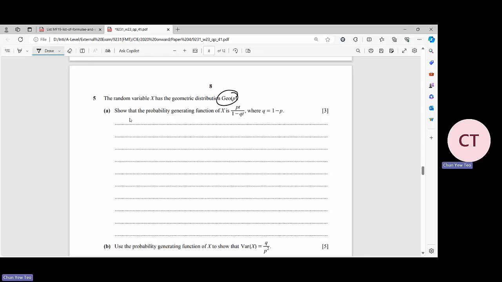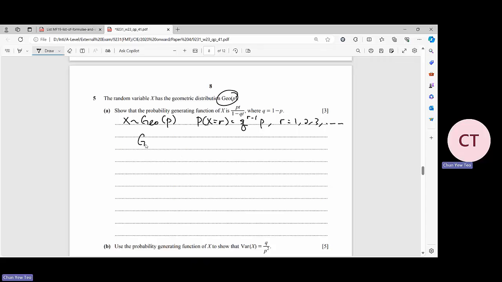So what you need to do is, for geometric distributions, first of all, we need to know the probability is given as q power of r minus 1 multiplied by p, where r is equal to 1, 2, 3, to infinity.